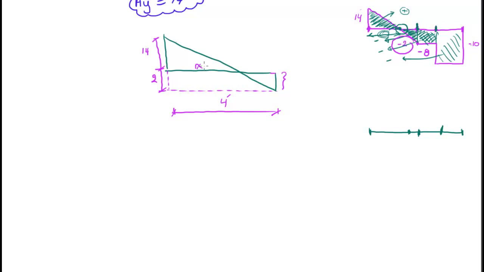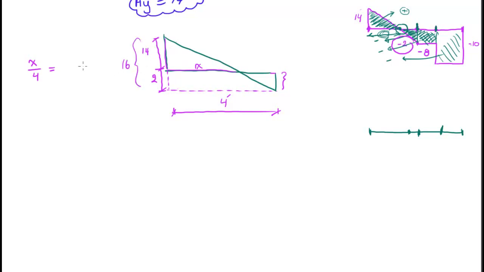We can get a value of x: x over 4, which is the base, over the big base, should equal 14 over the whole thing, which is 16.